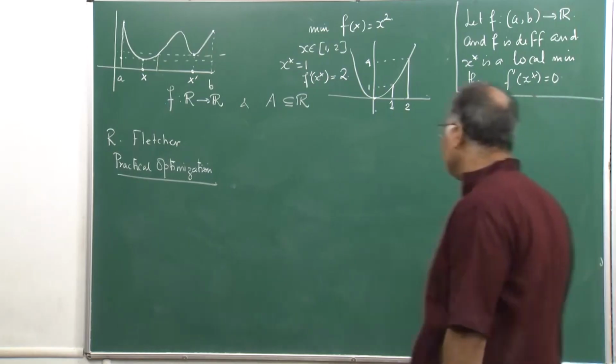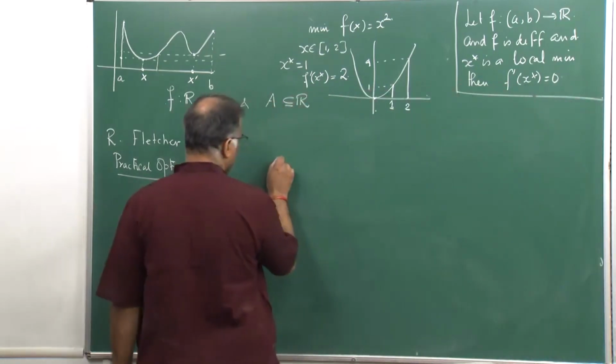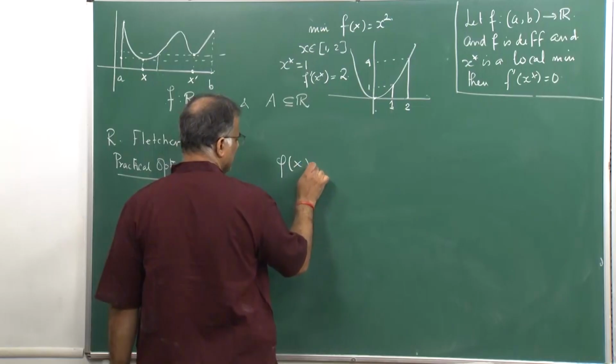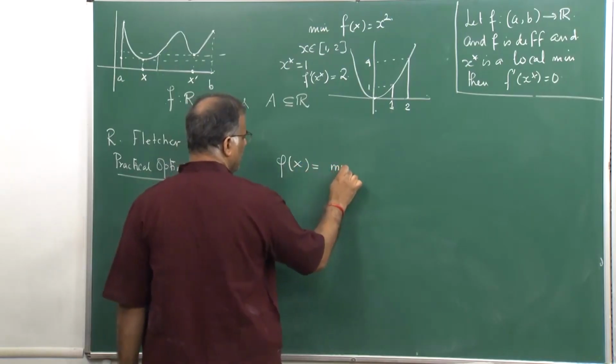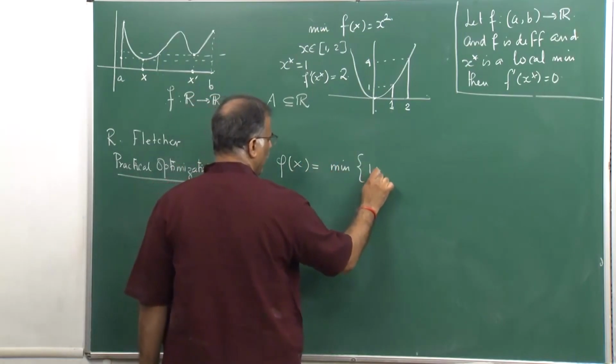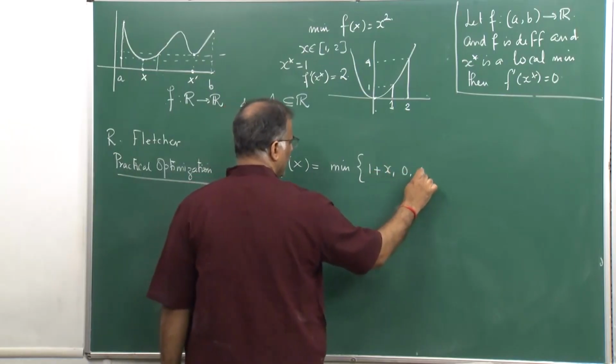Here he gives a very interesting example. He says consider the example phi x, which is the minimum of 1 plus x, 0, 1 minus x.